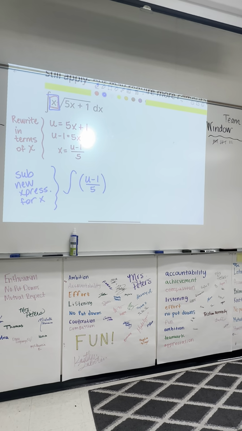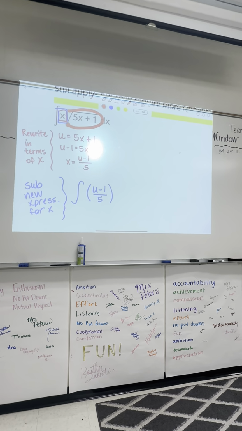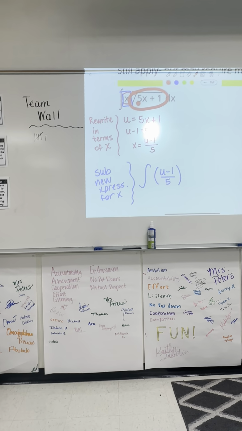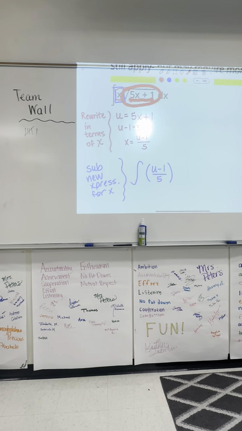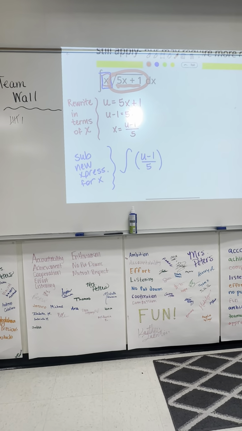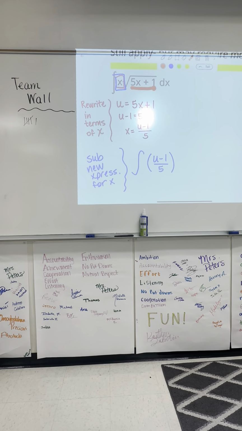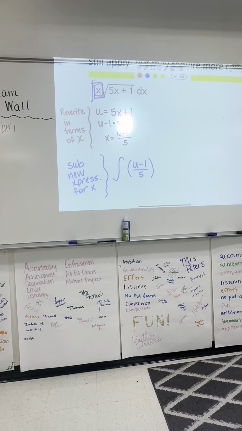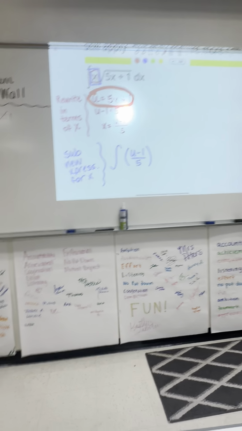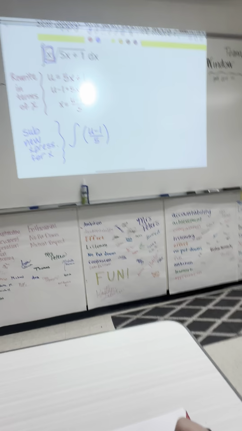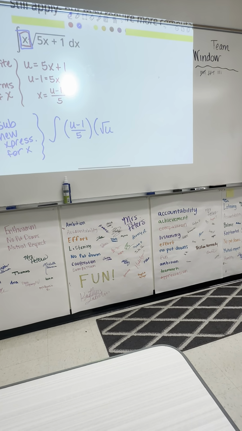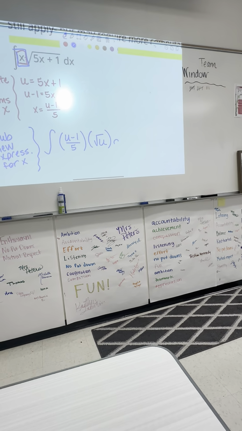Now, this part up here should be an easy rewrite, because what's underneath our root? 5x plus 1. What does 5x plus 1 equal? u. So here, I'm just gonna rewrite that as square root of u, and then that's du.